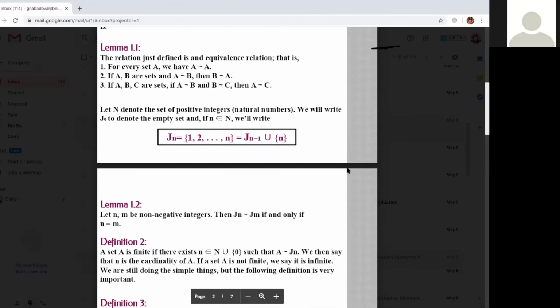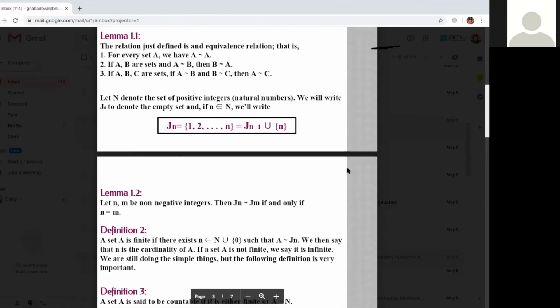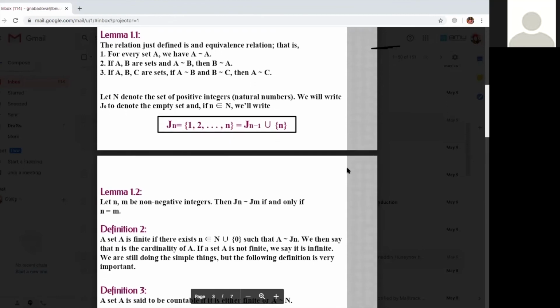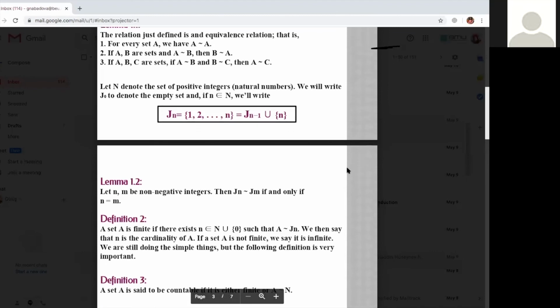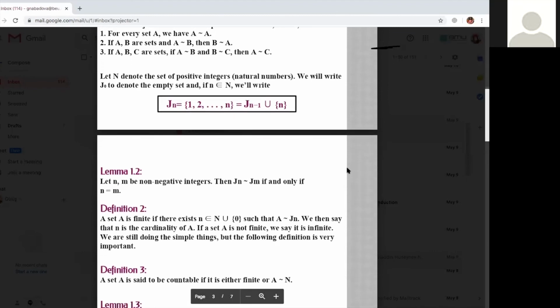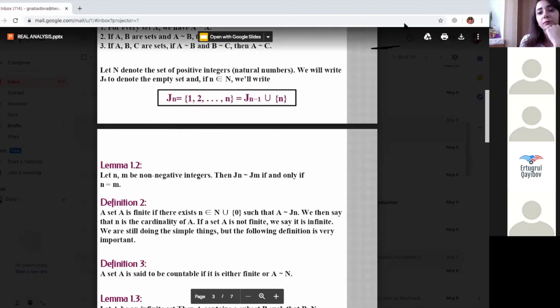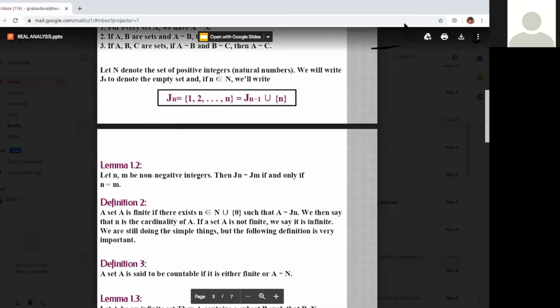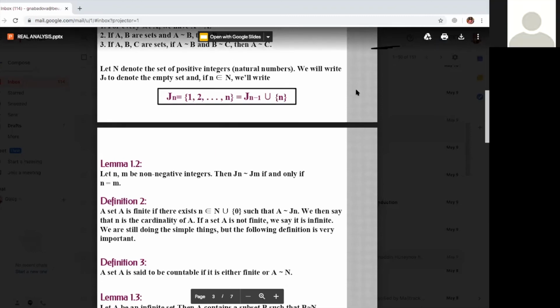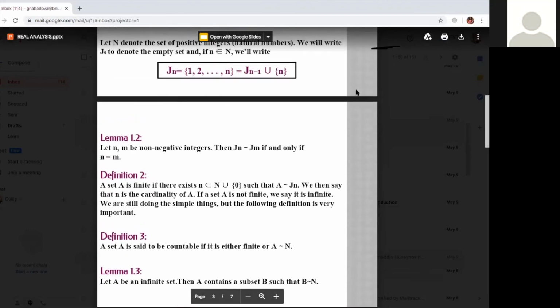That is, for every set A, we have A ~ A. If A and B are sets and A ~ B, then B ~ A. If A, B, C are sets, if A ~ B and B ~ C, then A ~ C. Let N denote the set of positive integers, it means natural numbers.